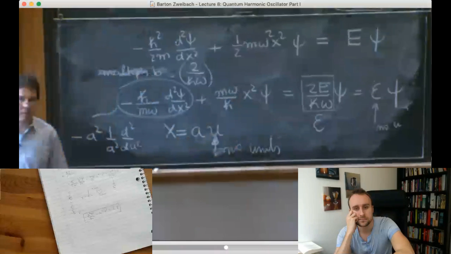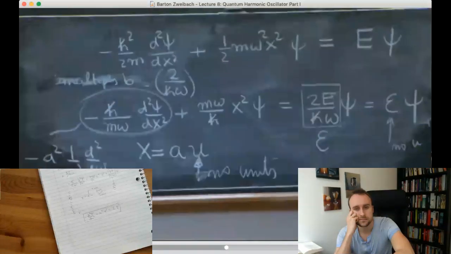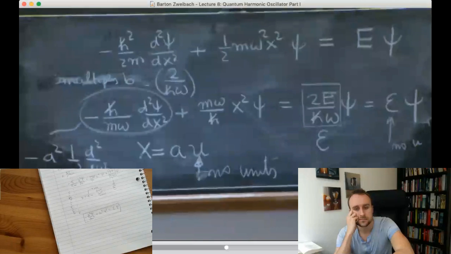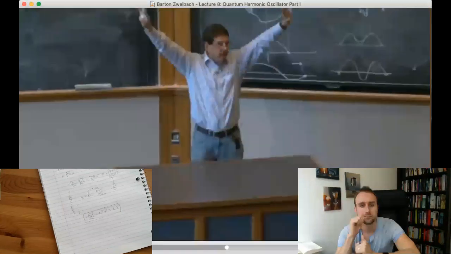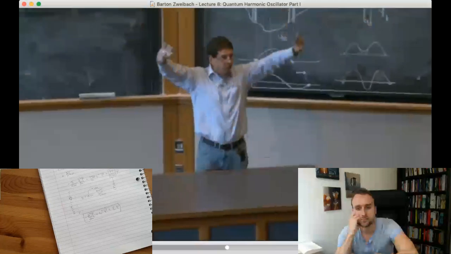Okay. So what is the problem here? The problem is that most likely what's going to go wrong is that arbitrary values of E are going to diverge. I'm never going to be able to normalize.